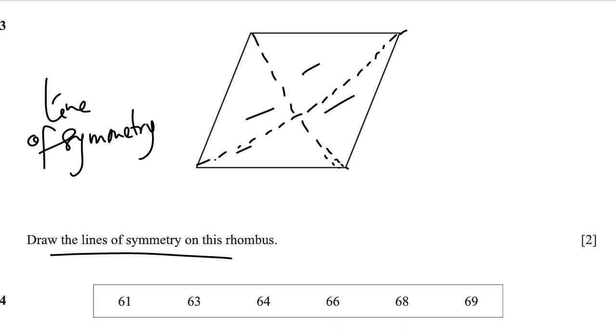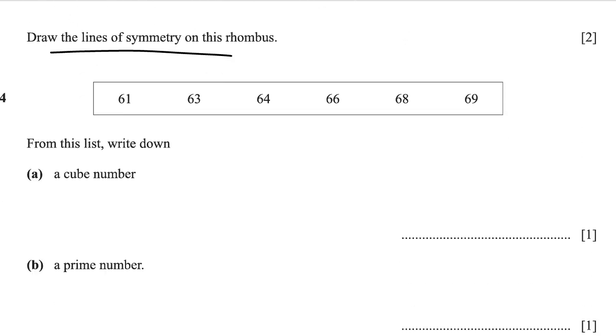Next question says, from the list of numbers 61, 63, 64, 66, 68, 69, write down a cube number. So what's a cube number? It's a number that is formed from a number multiplied by itself twice.